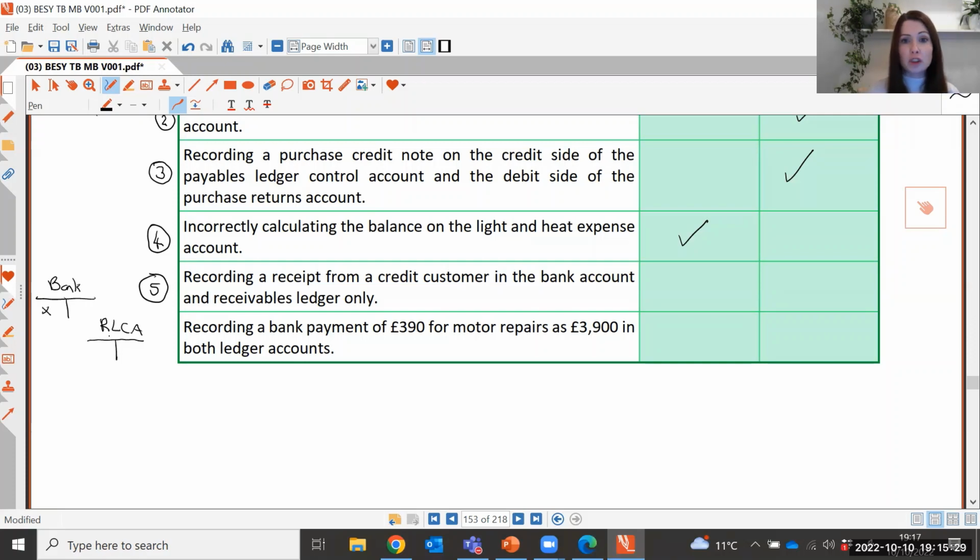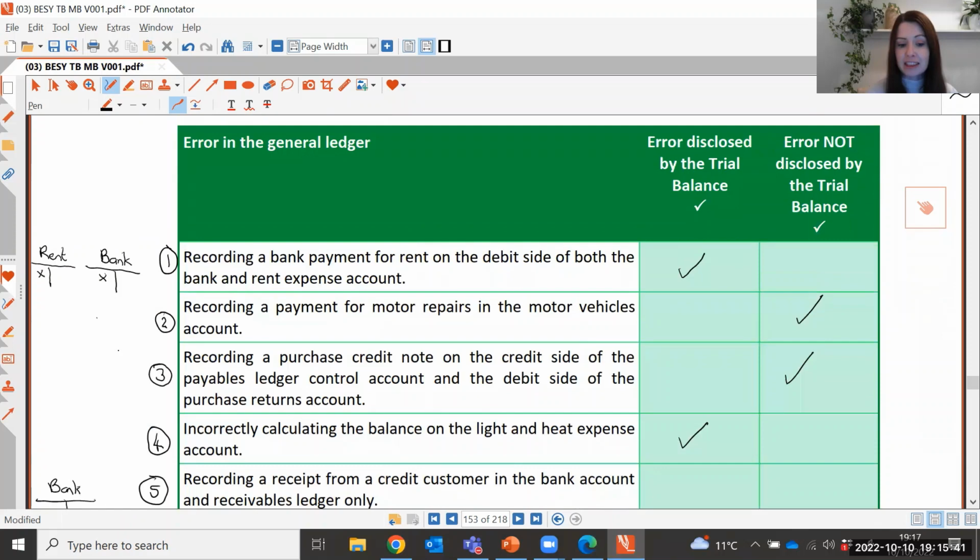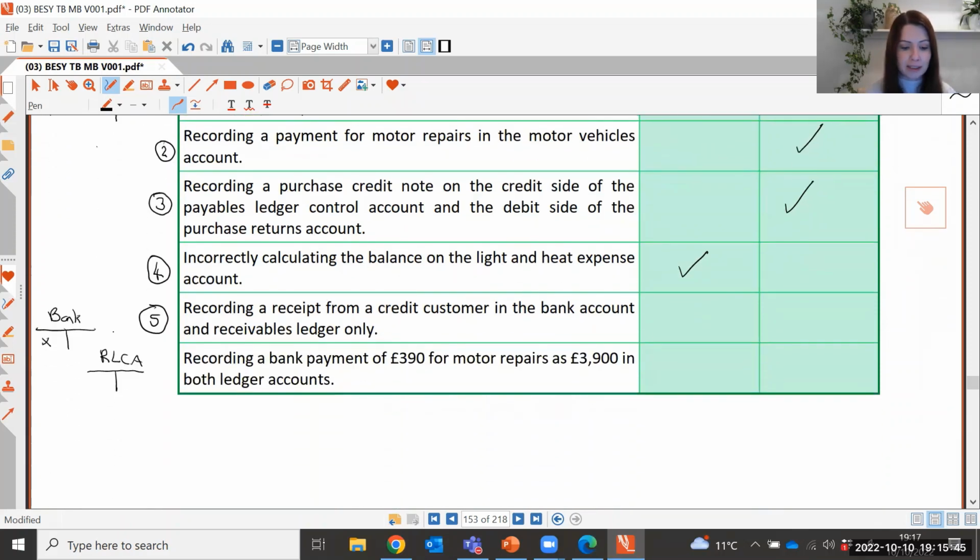So therefore, there's not been an equal debit and credit posting. It's only a single-sided entry. So therefore, this error will be disclosed by the trial balance because it's going to cause a trial balance to not balance.